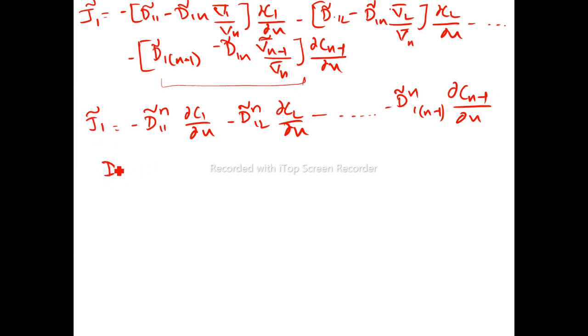So in general we can write it as J_i tilde equal to J_i minus the sum over the dependent component n of D_ij^n ∂c_j/∂x.